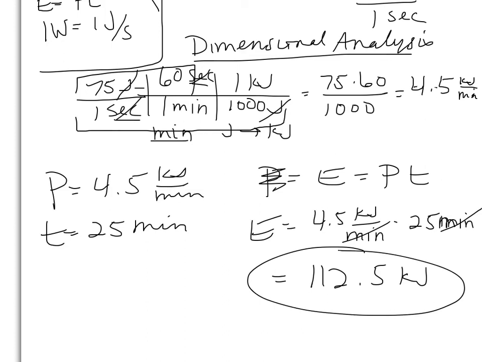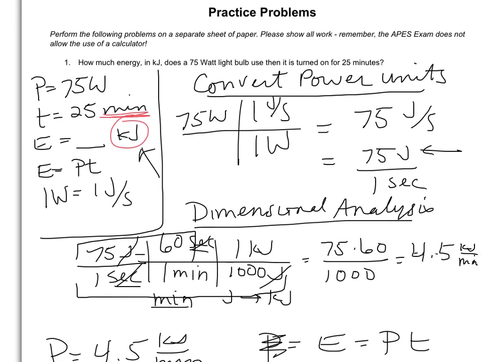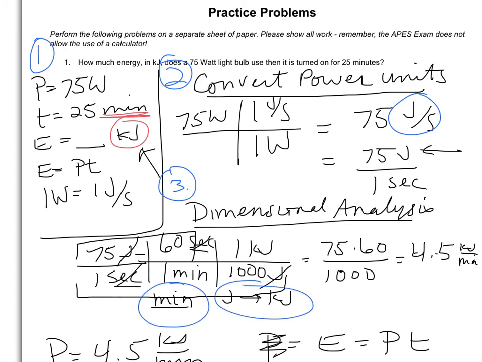Okay, that helps me walk through that first problem. I'm going to stop the video here. I'd maybe encourage you to re-watch it. Let's analyze what we did here. Our first step, list what we know. Second step, we converted our power units to things that we can work with, that is to say, joules and seconds. Our third step was dimensional analysis, where we converted from seconds to minutes and from joules to kilojoules.